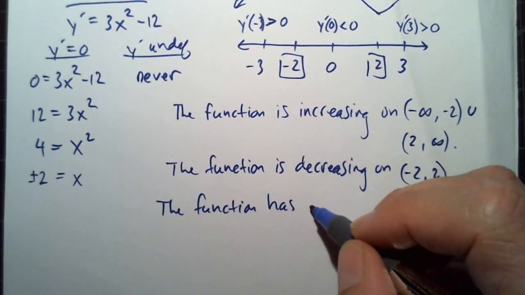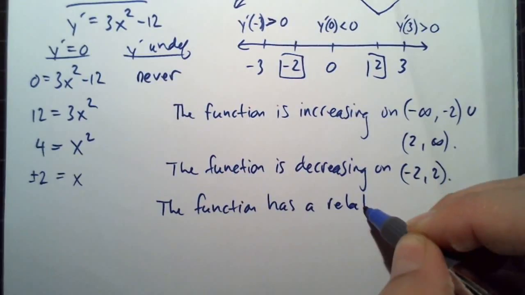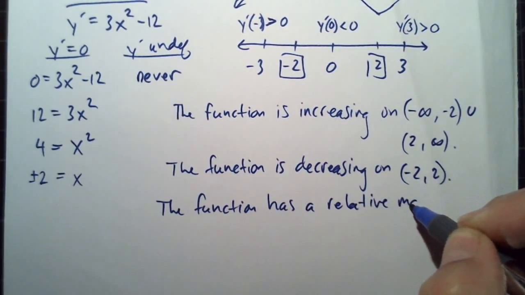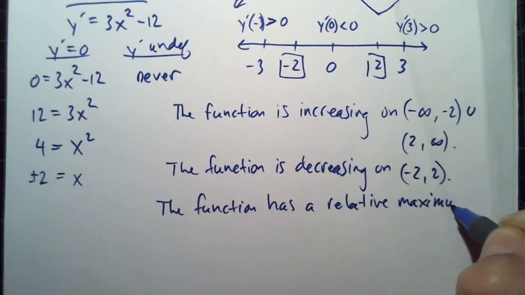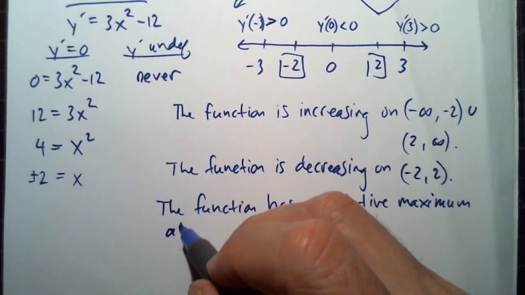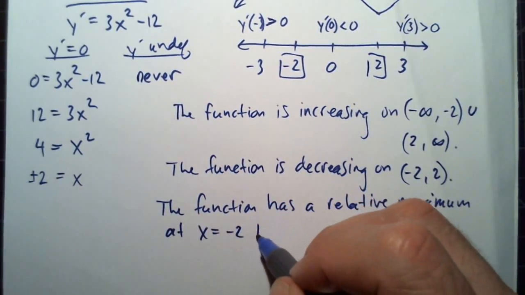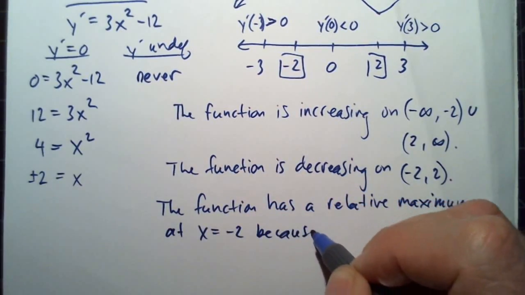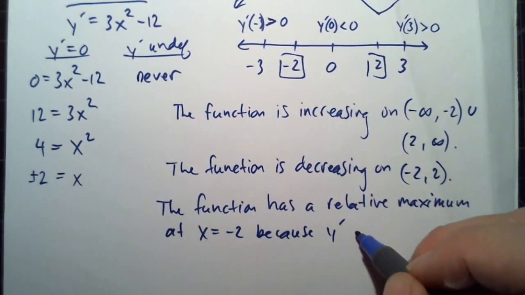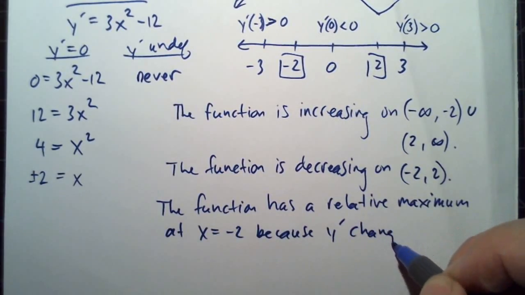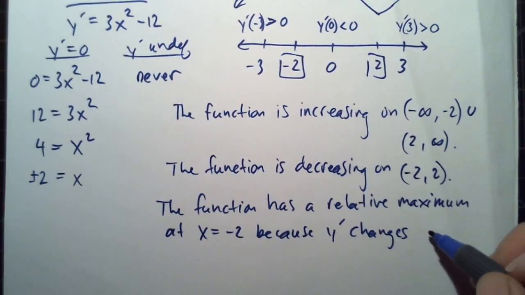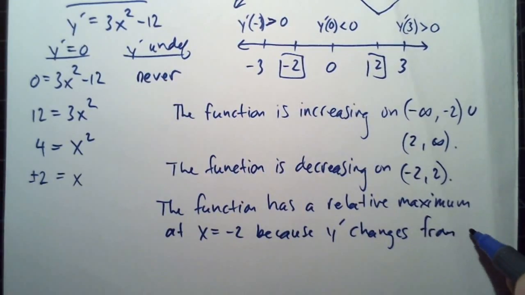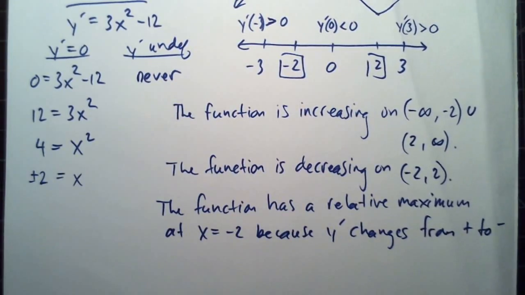The function has a relative maximum at x equals negative 2 because y prime changes from positive to negative.